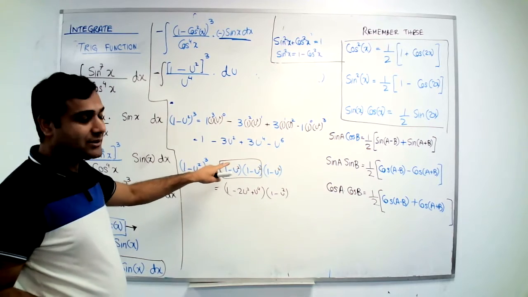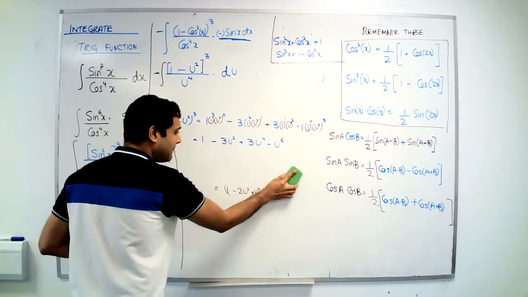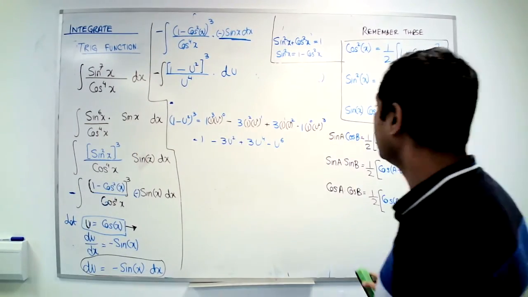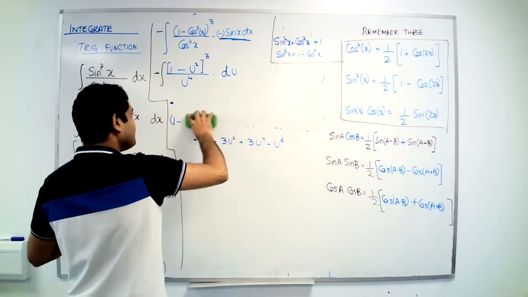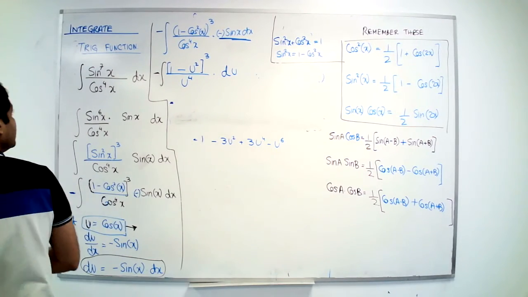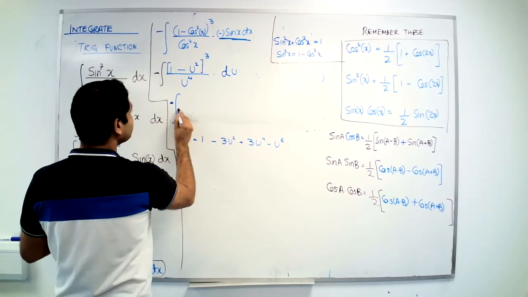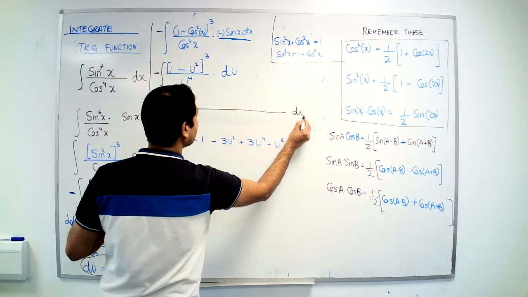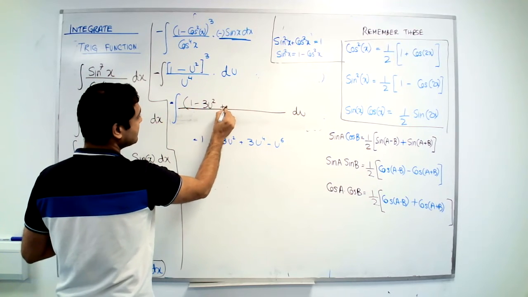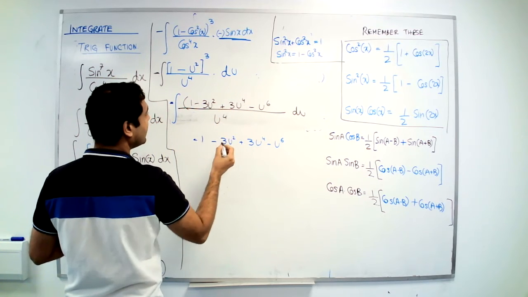Now I'm just going to copy this bit and put that one here. So this was my main one. So I'm just going to rub this one out, and I'm just going to rub this bit out as well. And I'm just going to put, I haven't integrated yet, instead of this thing, I'm going to put that one over u to the power 4.